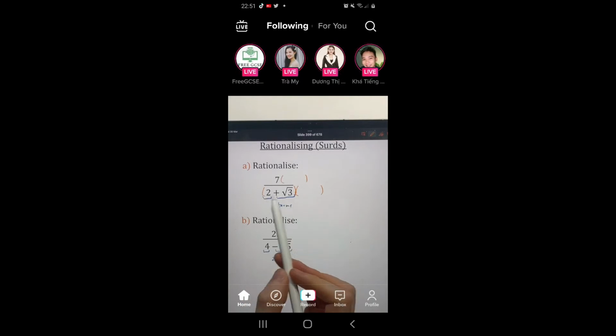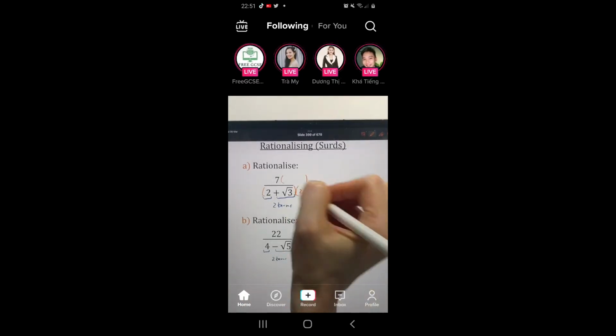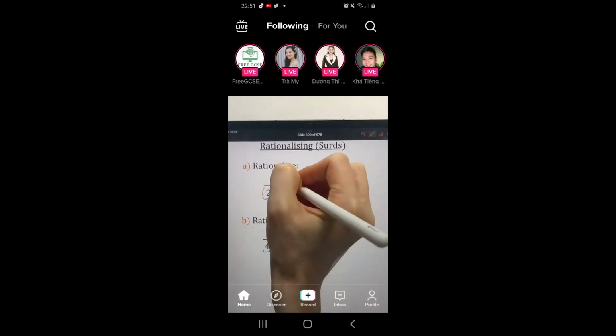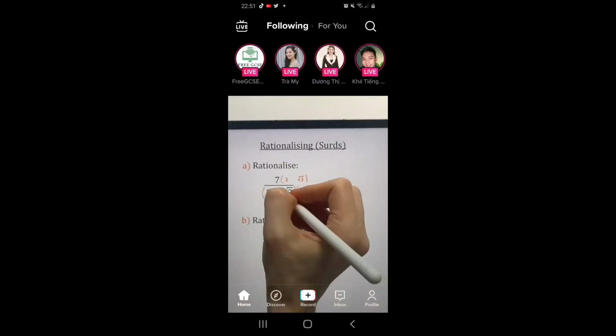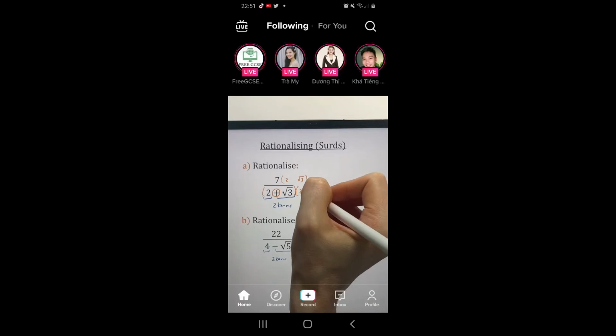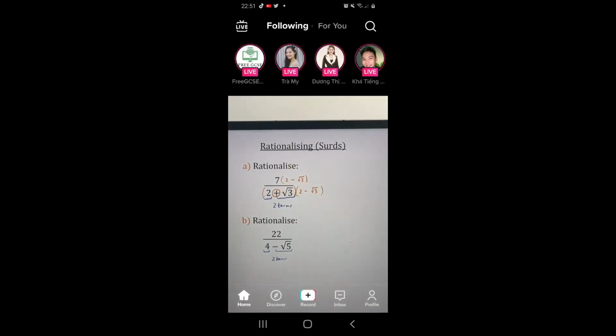So here on the bottom we had 2 plus root 3, so 2 and root 3, they stay in the same positions. But we must change that sign. So if it's plus, they both become minus. Here on the bottom, 2 terms, place it into single brackets. We times the top and the bottom by the same 2 terms.